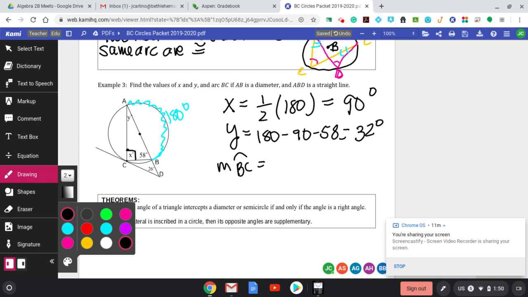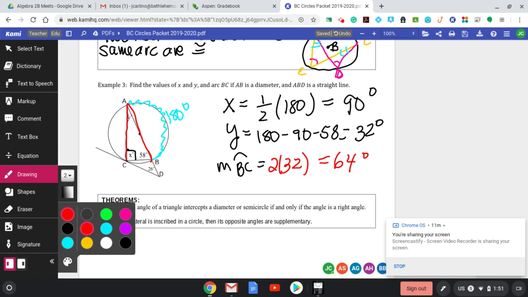BC belongs to inscribed angle Y. If you take a look, highlighted in red, here's angle Y. It's drawn to arc BC. So if the inscribed angle is 32, how do I find the arc? I can double it. So that'll be 64 degrees.